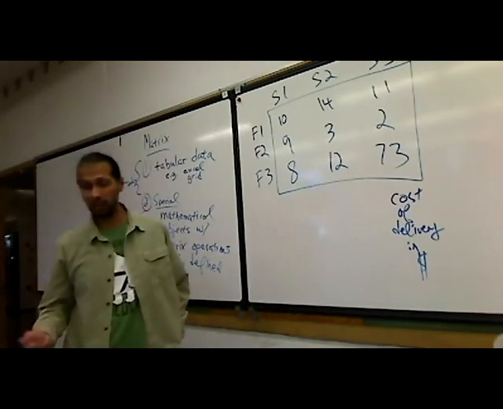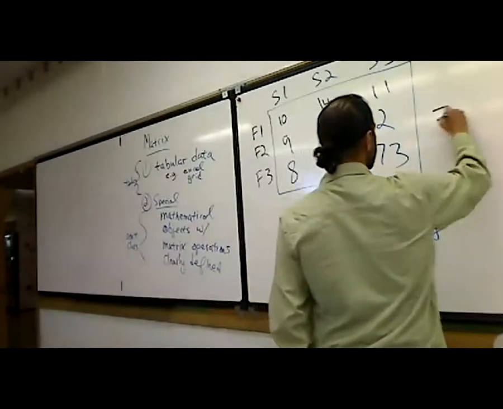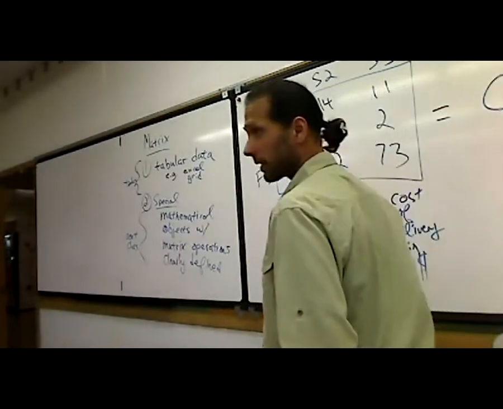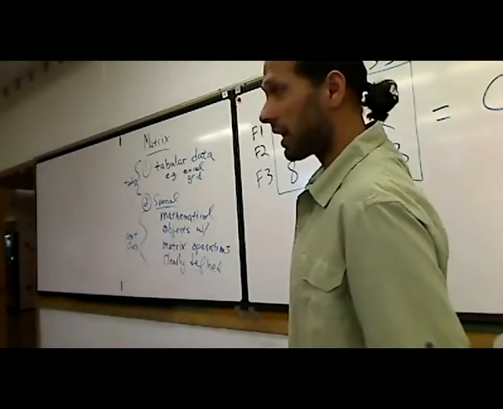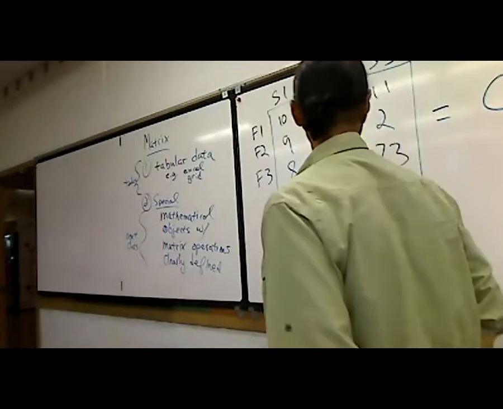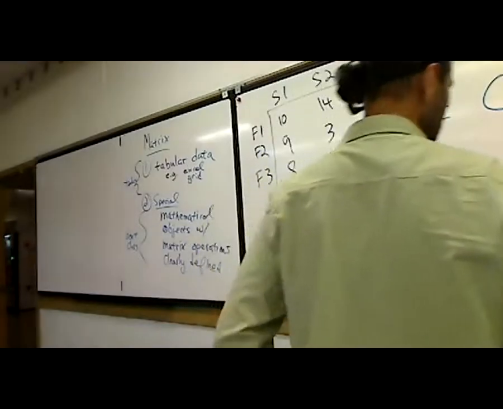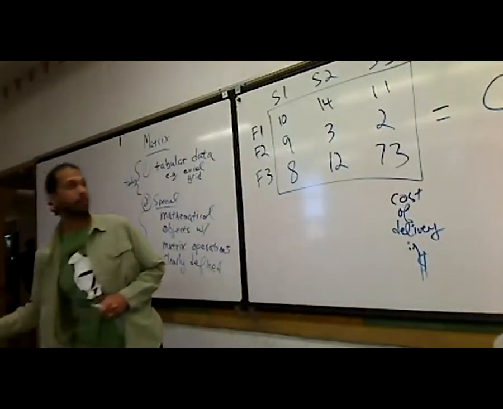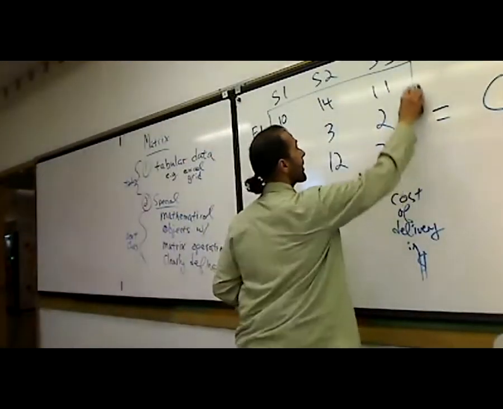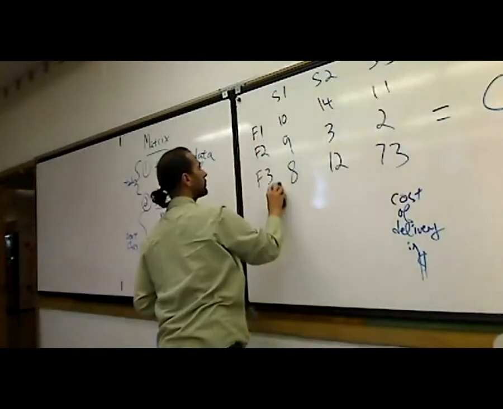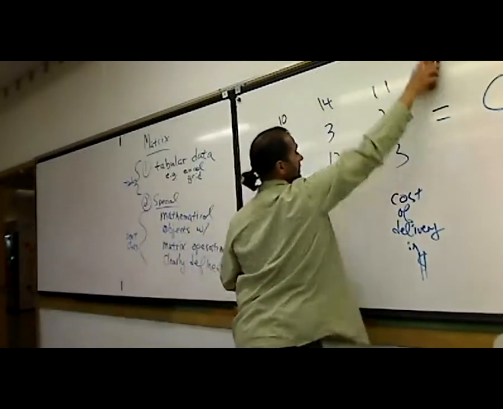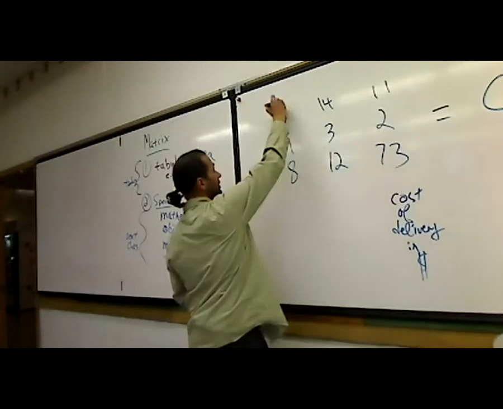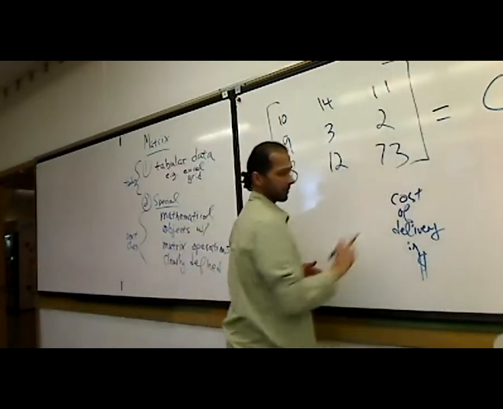And since I'm dealing with cost, I'm just going to make this matrix C. And typically, we don't draw a box and all that stuff. We just draw big square brackets. So in the real world of math, I might just represent this without this box, but rather just big square brackets like so.